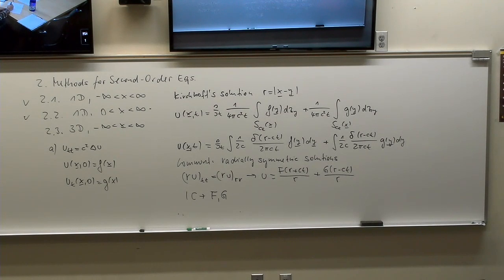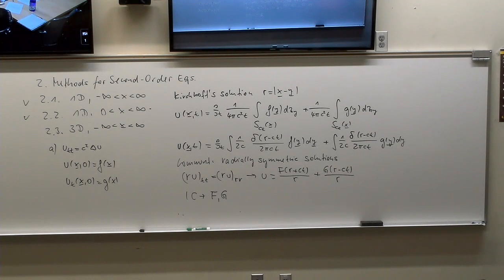The idea is to specify the solution structure for the initial conditions. So we take u at t equal to 0 equals f, and u_t at t equal to 0 equals g. We run into two equations to solve for f and g depending on r. If we have this problem, you would see in the writing that f and g are only functions of r.